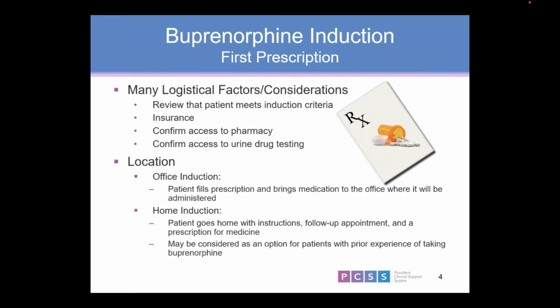Now, the induction can be done in a couple of different ways. Typically, and what I would highly encourage, is that you start off doing some in-office inductions, and we'll talk about the reason for that in a moment. In that scenario, you would be providing them with a prescription. They would go to the pharmacy.